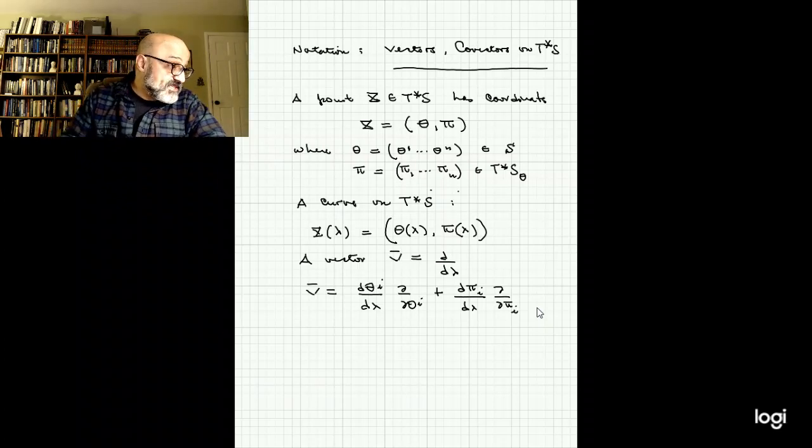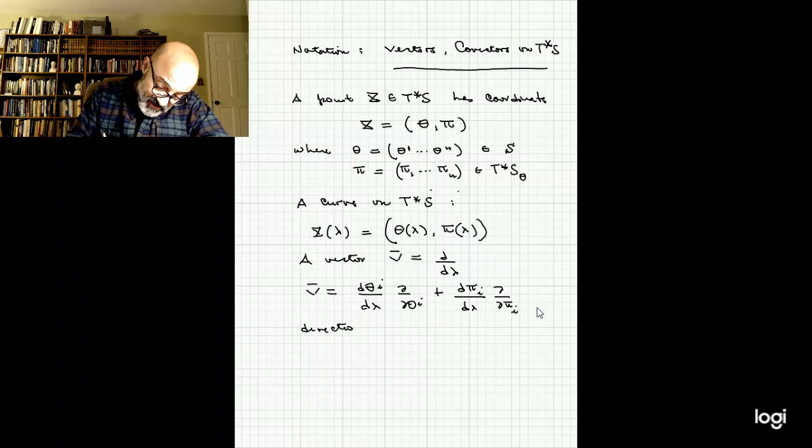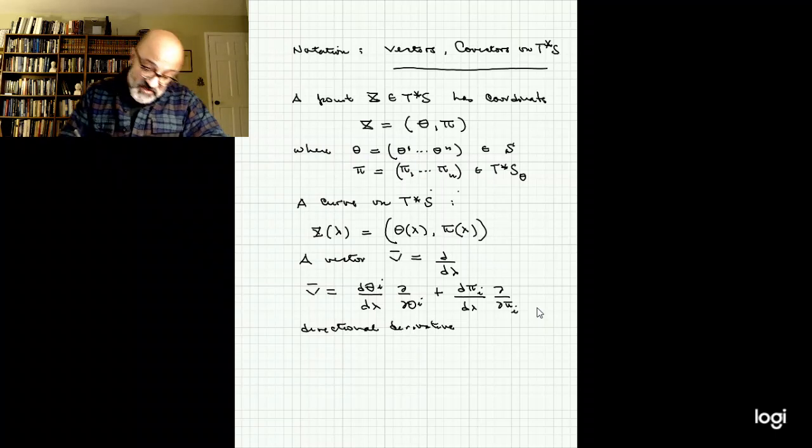Very good. You can appreciate that we're doing this in exactly the same way we were doing it before, except that now we have twice as many dimensions.